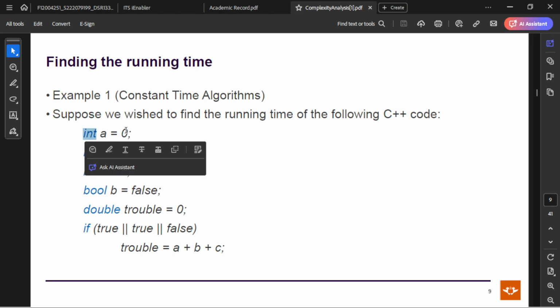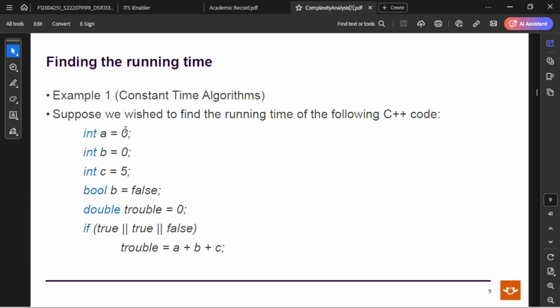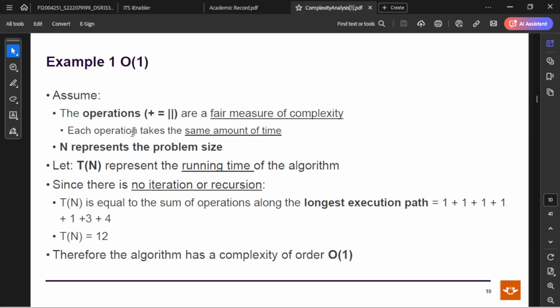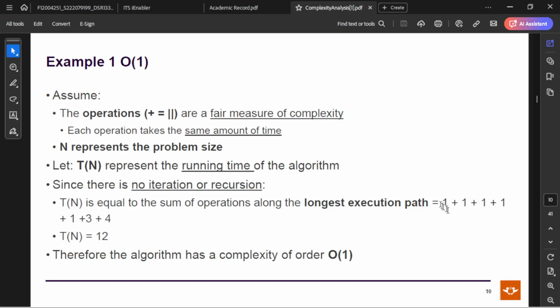In the example I did, I also included the declaration: 1 for declaration of A, and 2 for the assignment using the equal sign, so it'd be 2 for me on this line. But since here they didn't include any declaration as part of the counting, they're only counting the equal sign, therefore it's 1. So it's going to be 1 plus 1 plus 1 plus 1 plus 1, and over here you already have 5. I hope that makes sense.